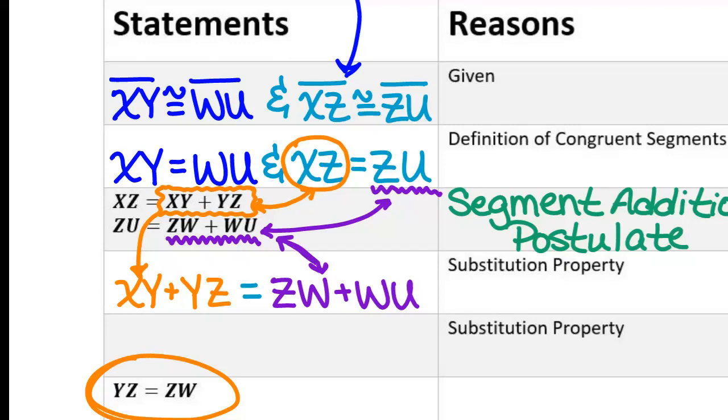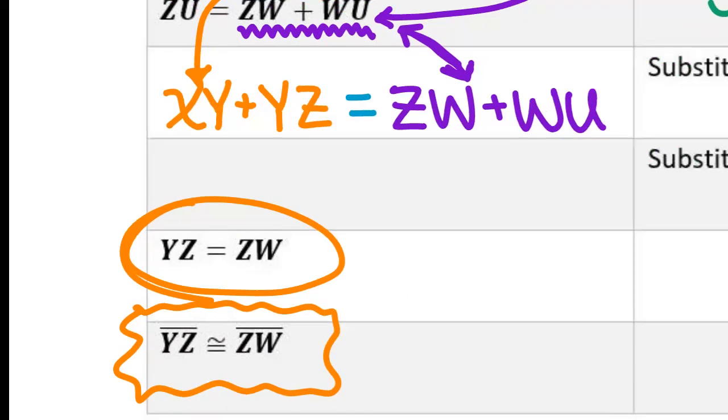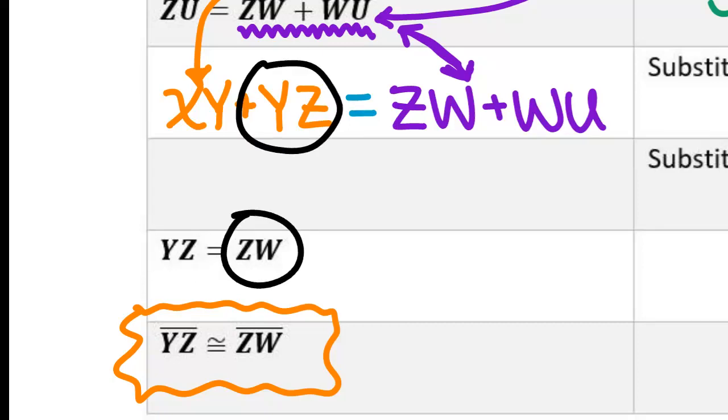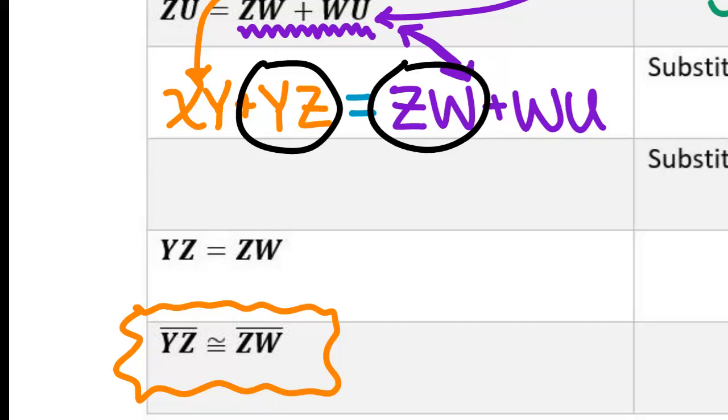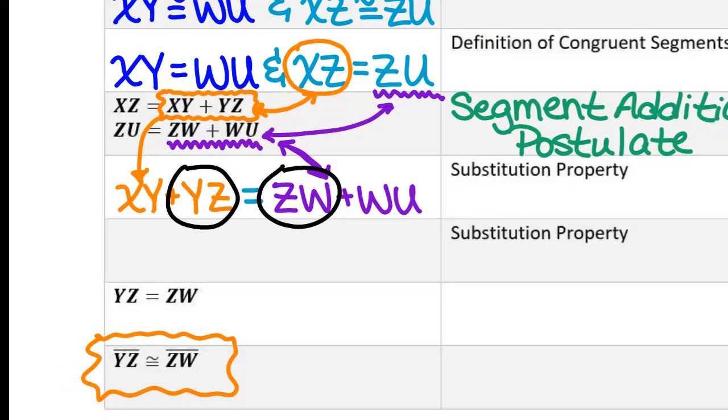All right, so again, I keep looking at where I'm trying to get to because that's my guidance. In the end, or next to last step rather, I want YZ, well here's YZ, and I want ZW, here's ZW. I've got some extra stuff though in that fourth statement. Yep, we're going to do a substitution here.